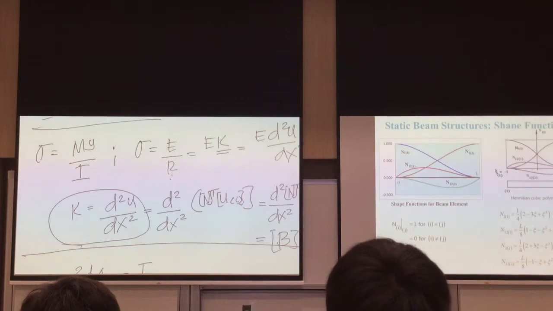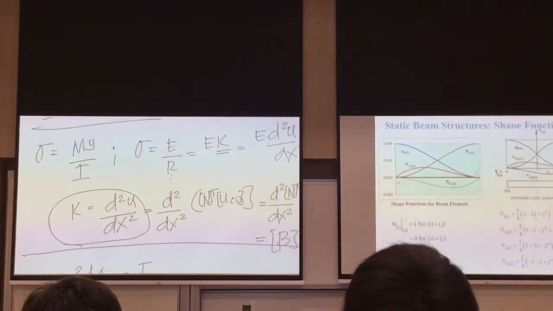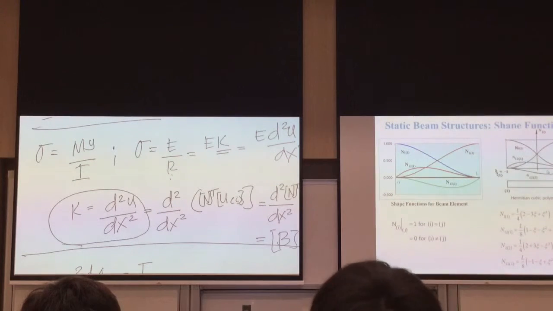You need to do a mapping. For beams and bars, it's just one-dimensional, simple, straightforward. But if you're going to move to higher order elements, then it's really helpful to map all these things so that you'll just go into the numbers. You'll see that later.